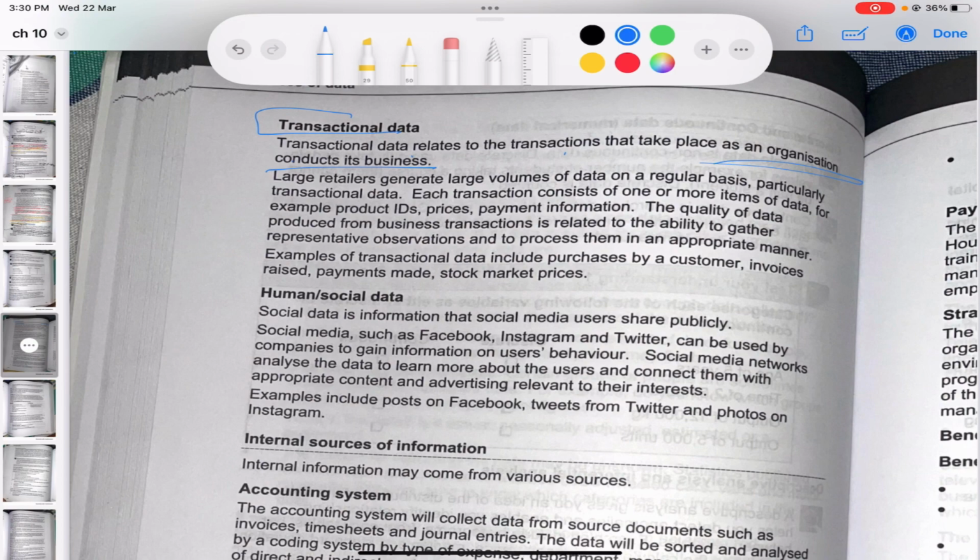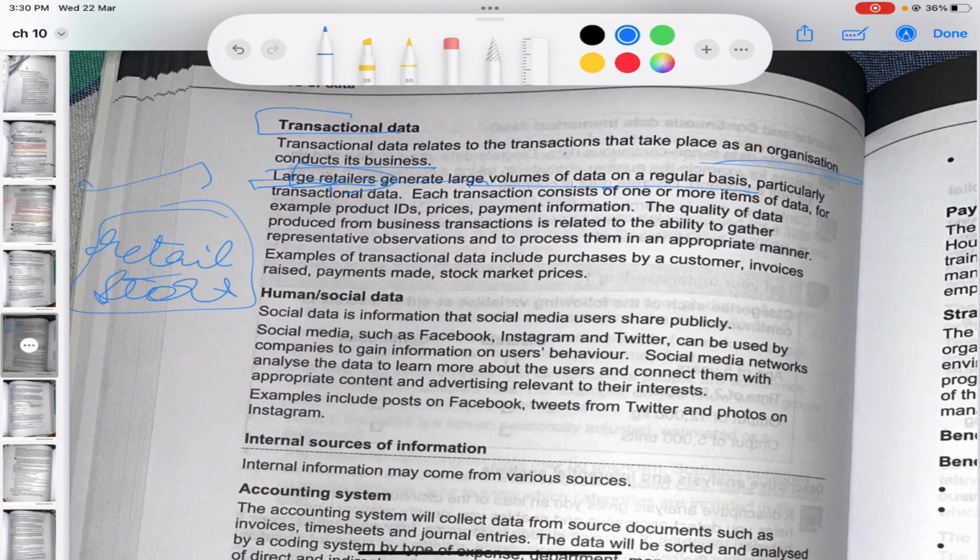Obviously, right? So large retailers, what do I mean by retailers? A retail store, a shopkeeper or a shop owner, basically a person who runs a store, a person who runs a business. Large retailers generate large volumes of data on a regular basis, particularly transaction data.